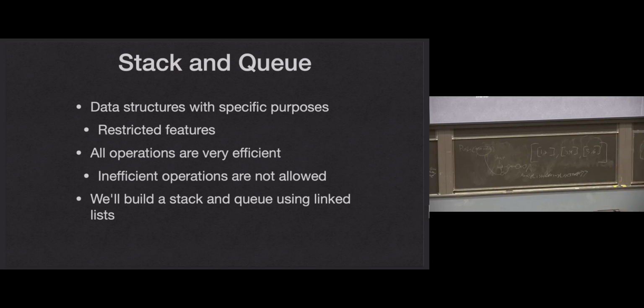What a stack and queue actually does in the code is restrict the operations you can do, restricting the methods you can call on the underlying linked list to only the stack or queue methods, which are very efficient methods. They're all, as we're going to see, O of 1 methods.